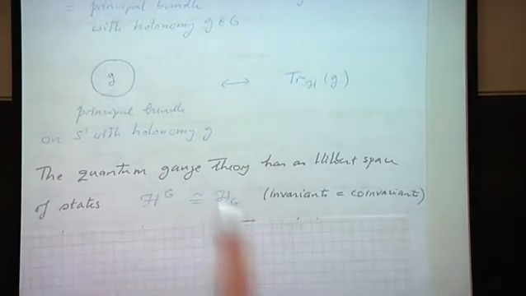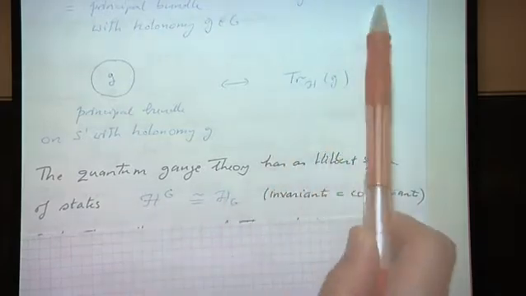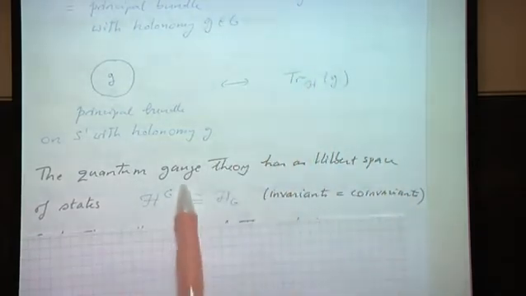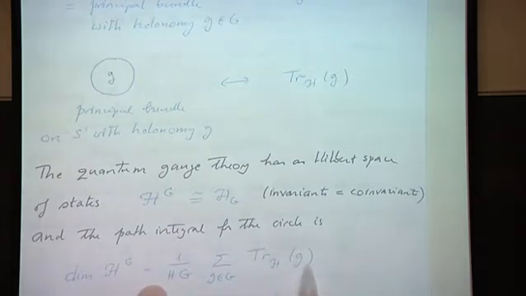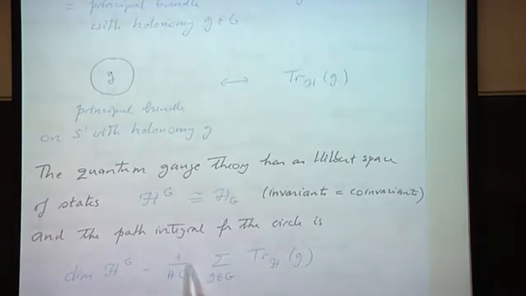Because first, summing over principal bundles at the level of spaces means taking sections of the bundle H over BG, or taking invariants, the same as coinvariants. And the path integral for the circle, summing over all possible isomorphism classes of bundles, is going to be the sum of the traces of the possible holonomies divided by the automorphism group of the holonomy.